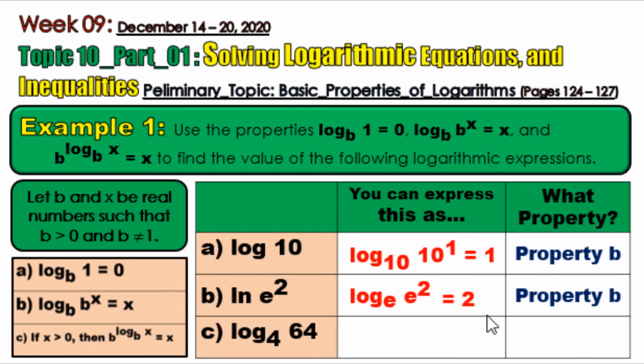So we have 2. And for letter C, the logarithm of 64 to the base 4. We can express 64 as 4 cubed. So we have the logarithm of 4 cubed to the base 4, and we still use property B. We have 4 and 4, therefore the answer is the exponent, which is 3.